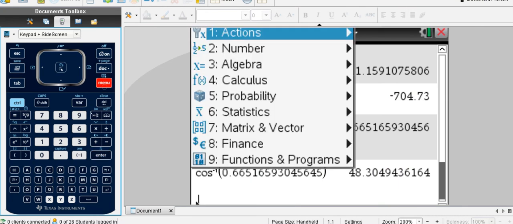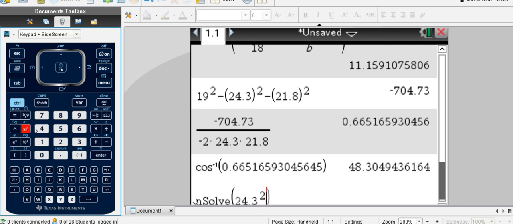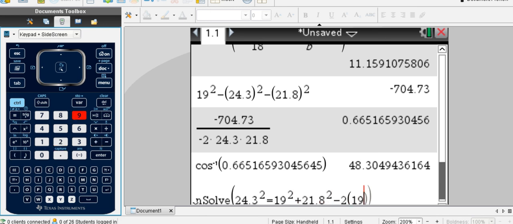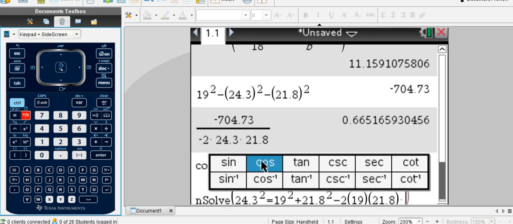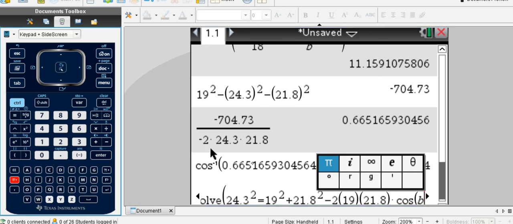So you have menu 3.1, and we start typing this in. 24.3 squared equals 19 squared plus 21.8 squared minus 2 times 19 times 21.8 times cosine of B, and I'm going to put a degree symbol next to it.